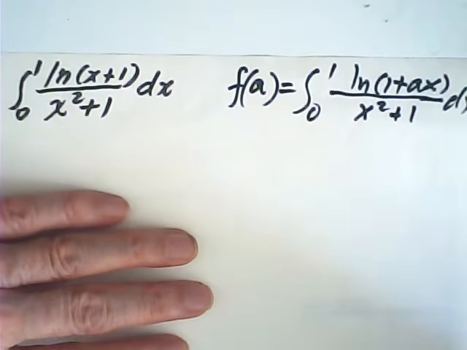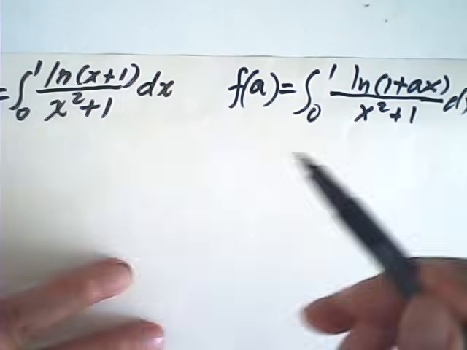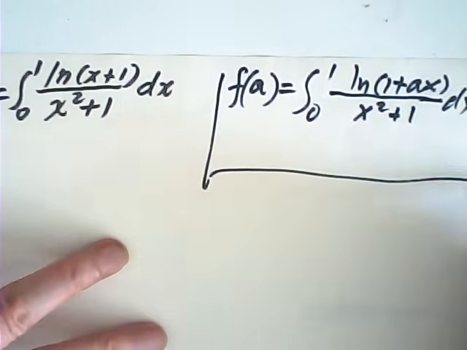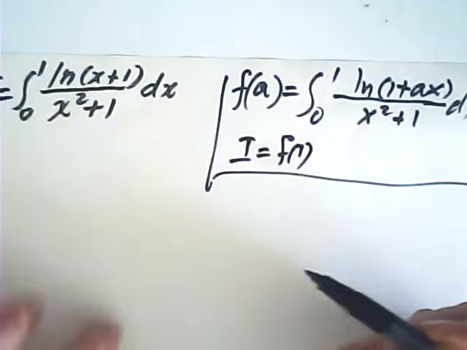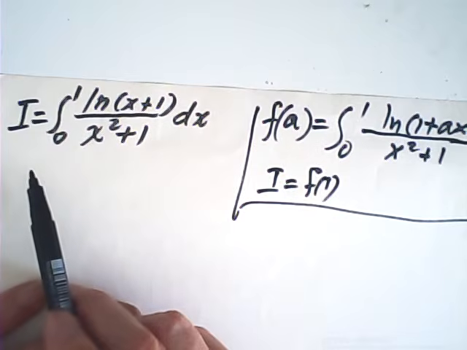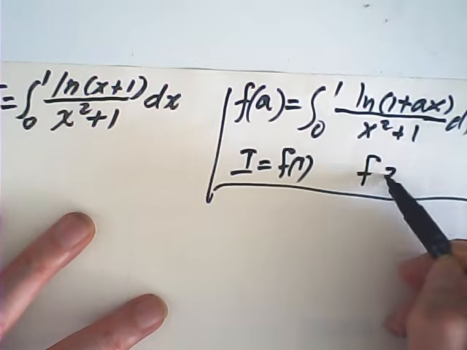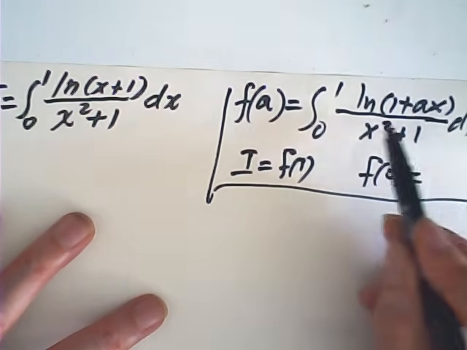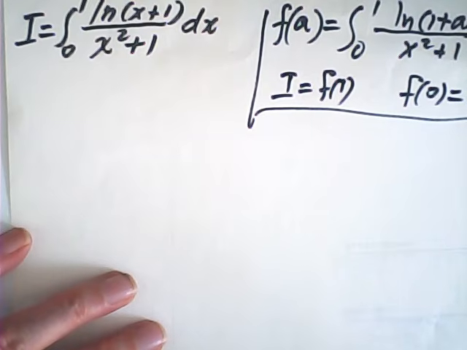Then my I is what? My I is equal to f of 1, isn't it? When a equals 1, it is my target integral. f of 0 is what? f of 0 is log 1, which is 0. Okay, good.